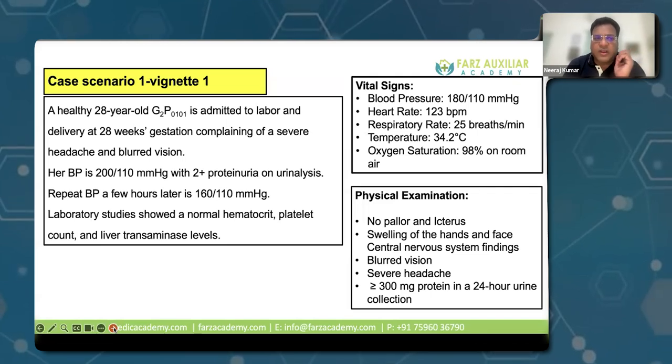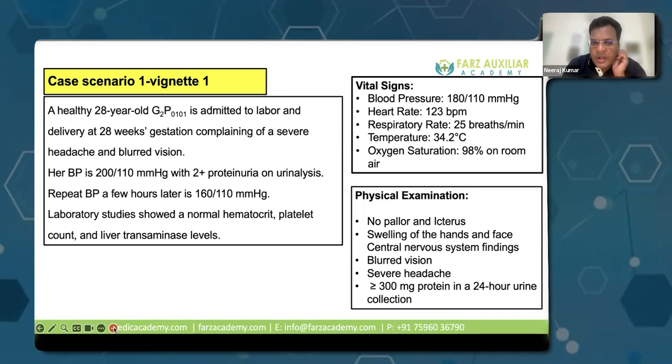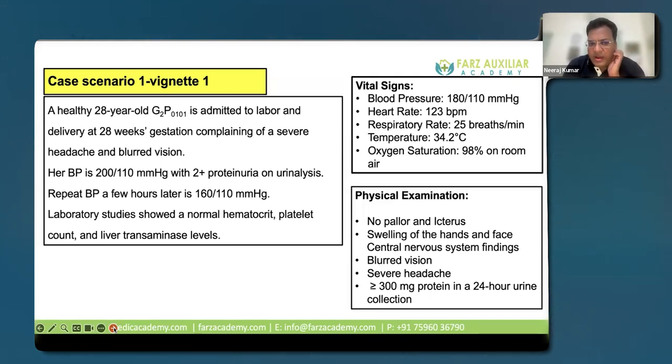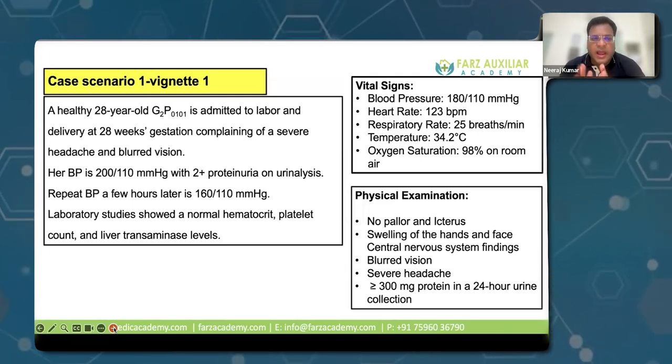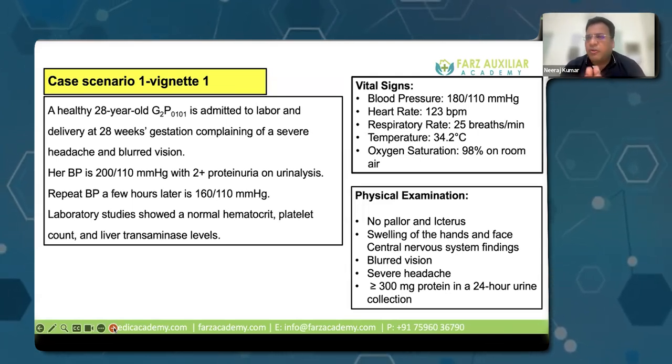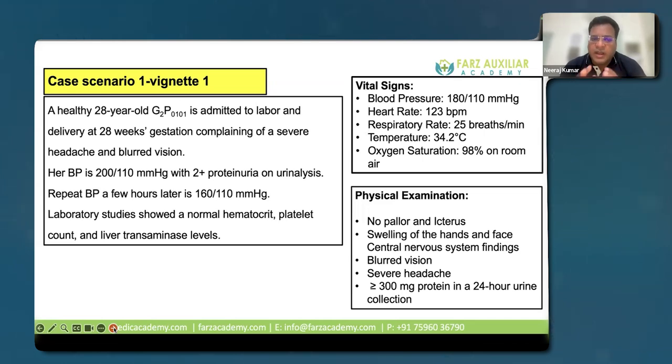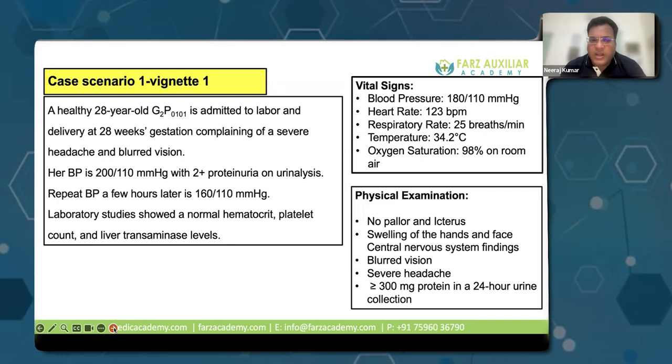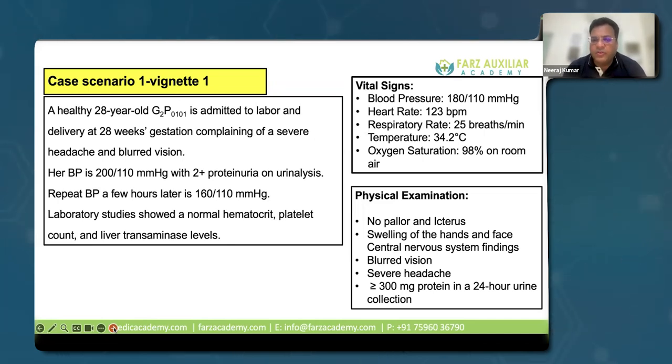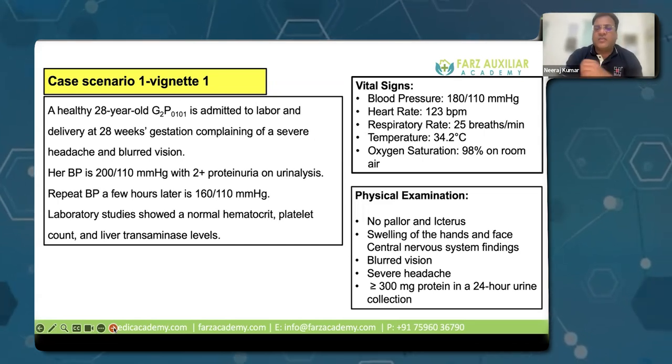The first case scenario starts with a 28-year-old G2P1 patient admitted to labor, having labor and delivery at 28 weeks of gestation. But now she has started complaining of headache as well as blurred vision. Her BP was 200 by 110 with 2 plus proteinuria on urine analysis, and repeat blood pressure a few hours later is 160 by 110.